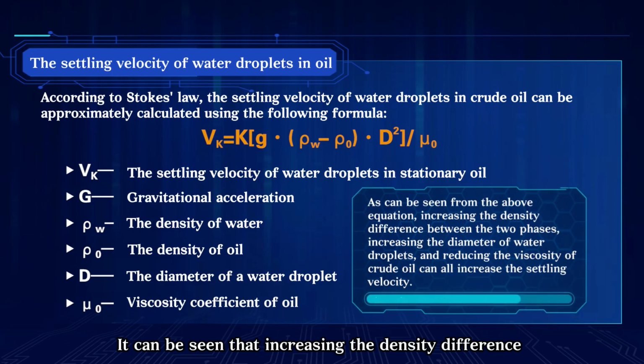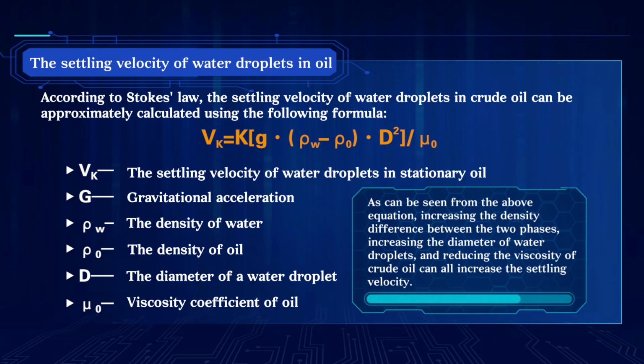It can be seen that increasing the density difference between the two phases, increasing the water droplet diameter, and decreasing the oil viscosity can all increase the settling velocity.